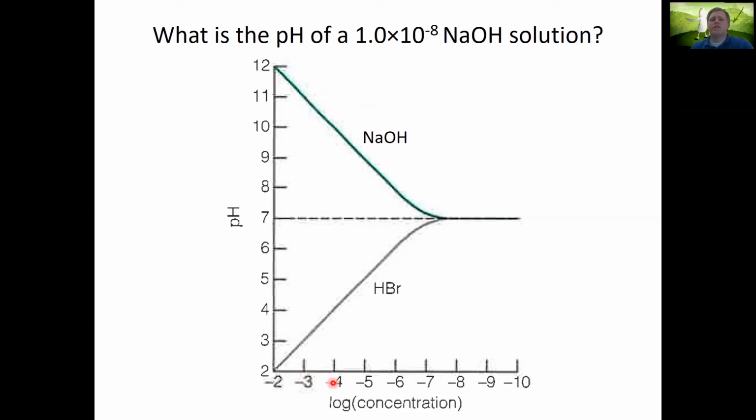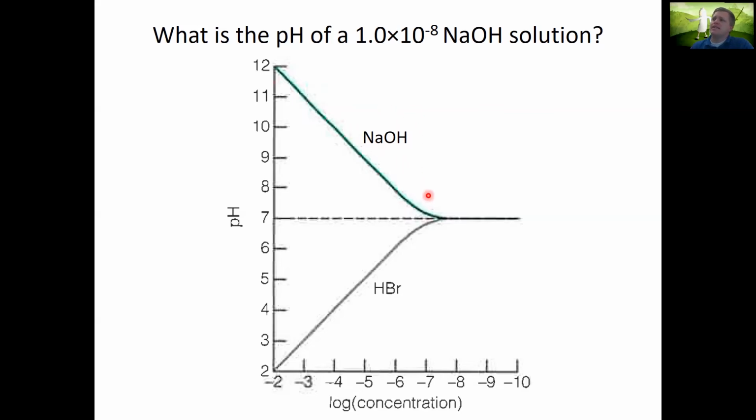At -4, it's 0.0001 molar, etc. And you'll notice that as the concentration goes down, or rather as the log of the concentration decreases, the pH increases, and this gives us a linear relationship here. And the opposite is true for the sodium hydroxide.